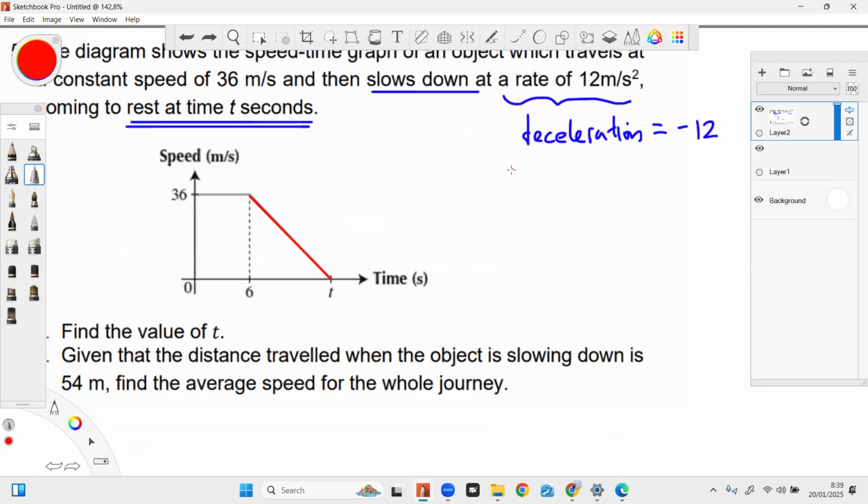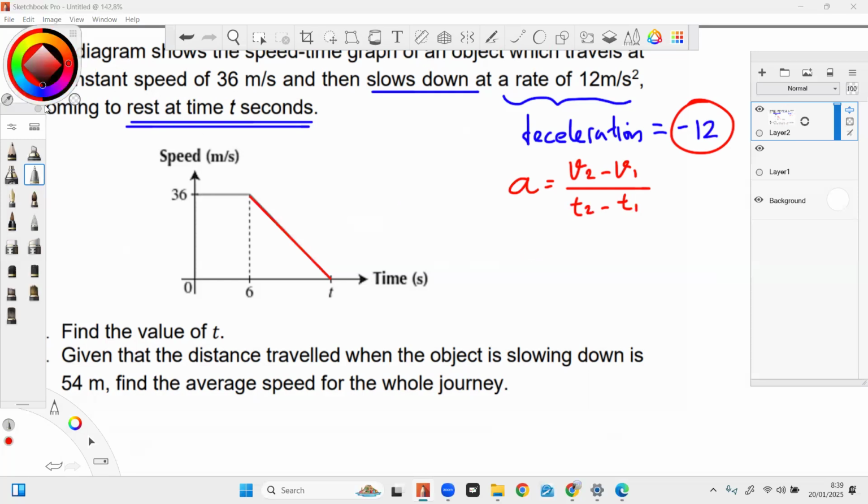So the deceleration a equals v2 minus v1 over t2 minus t1. The deceleration is given as negative 12. So you put down on the formula: negative 12 equals 0 minus 36 over t minus 6. Can we get the t?